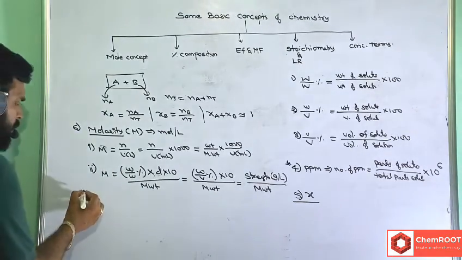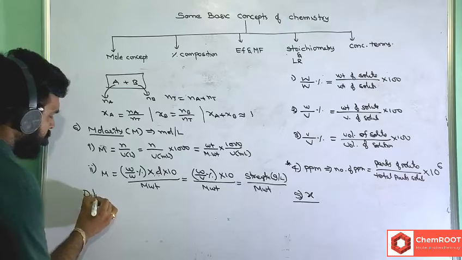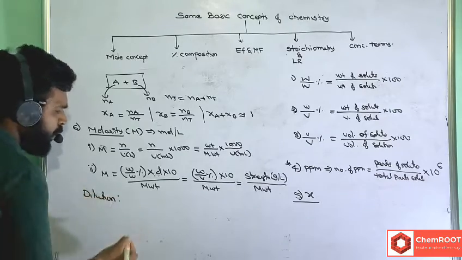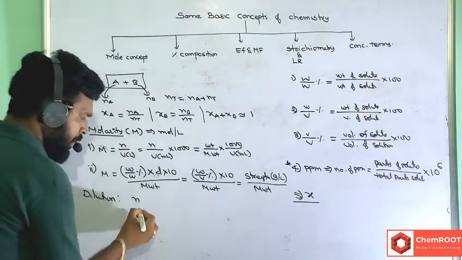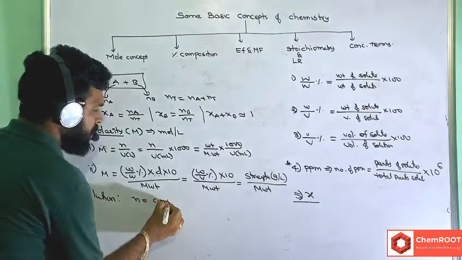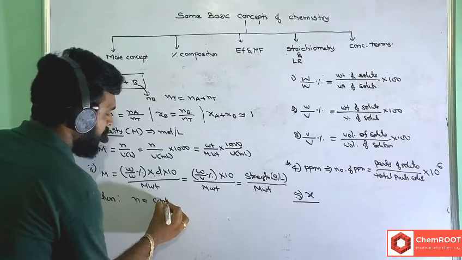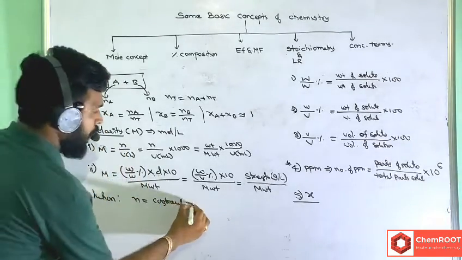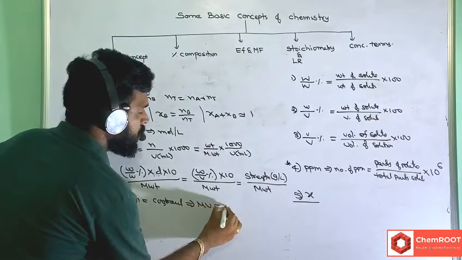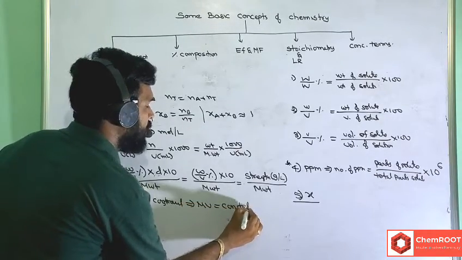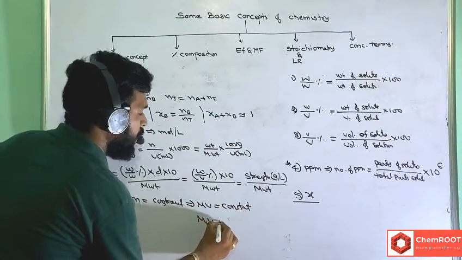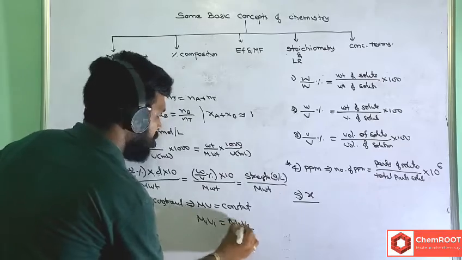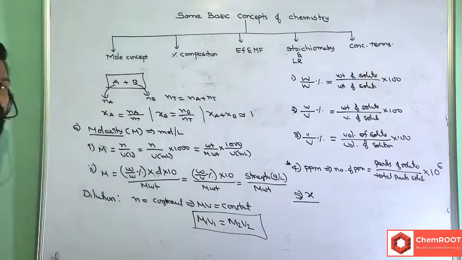When you are doing dilution, dilution means the number of moles remains constant. So number of moles N will be constant, so M into V will be constant. So M1 V1 equals M2 V2. This formula we use for dilution.